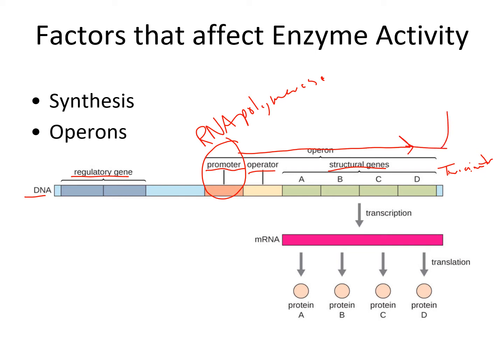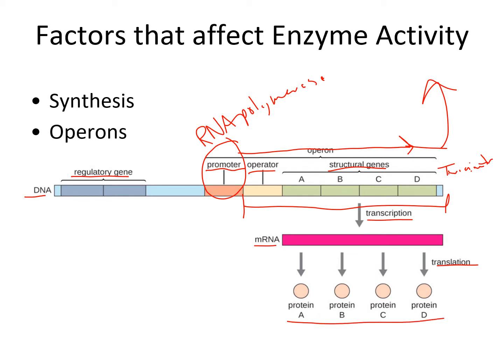Once it gets to the terminator, then it would release from the DNA. So that's where the transcript comes from: the RNA polymerase transcribing the DNA between the promoter and the terminator. And then of course that messenger RNA would be translated, and then you get the production of those enzymes.